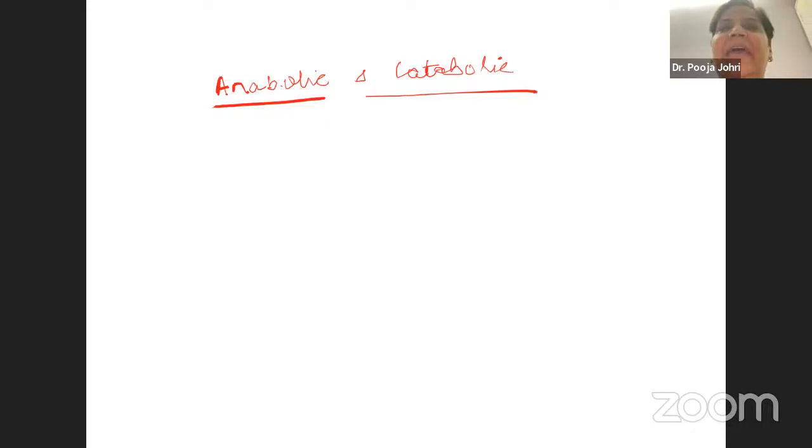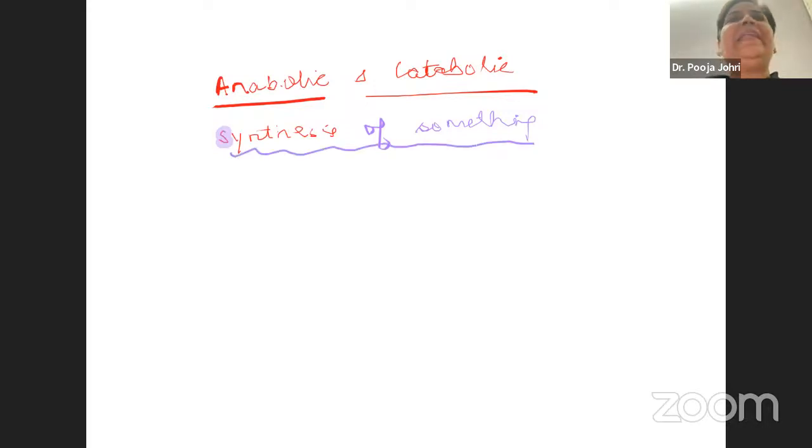Okay, देखो, anabolism means synthesis of something, right? And catabolism means degradation of something.